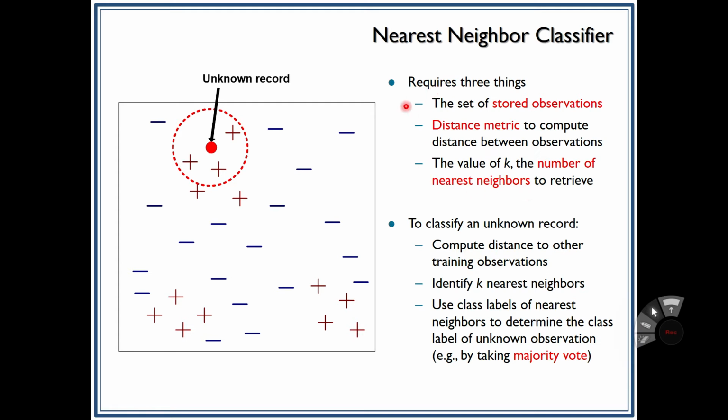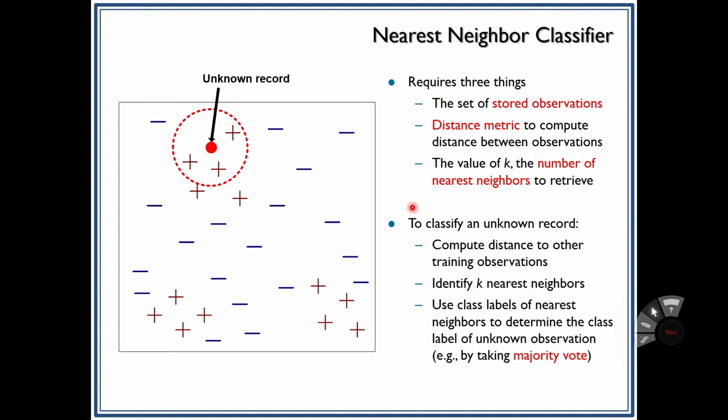Obviously we should have a training set, and because we have to find the closest neighbor objects, we should be able to compute the distance between observations, and the value of k. They are the three things we need to perform k nearest neighbor classification.